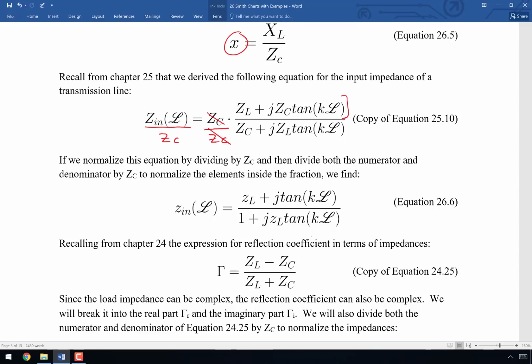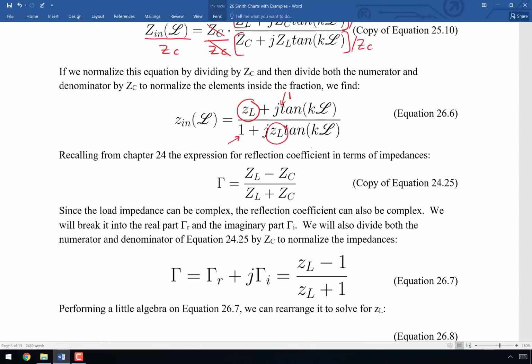That means that each of the quantities in the fraction is also going to be normalized. So capital Z sub L becomes lowercase z sub L. Z sub c divided by z sub c just gives you a 1, and we omit that 1. The 1 here can't be omitted, and then this is the lowercase z sub L right here. So we've normalized that entire function.